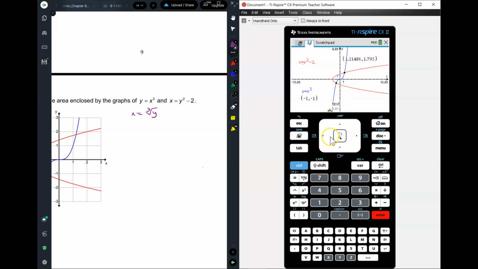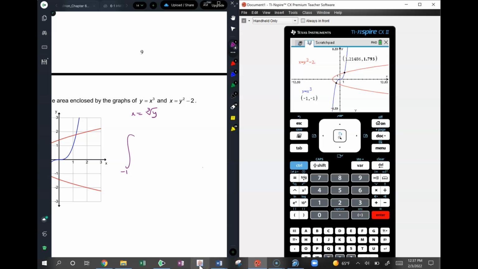Okay. So look, let me write down the integral and then I'll answer some questions. We're going to go from y to y, right? So the integral is going to be from -1, that's the y value there, to this y value here. So you're going to relabel that. I'm going to click on it and store it as C. Why C? Because I feel like C. Enter. Okay? 1.793.